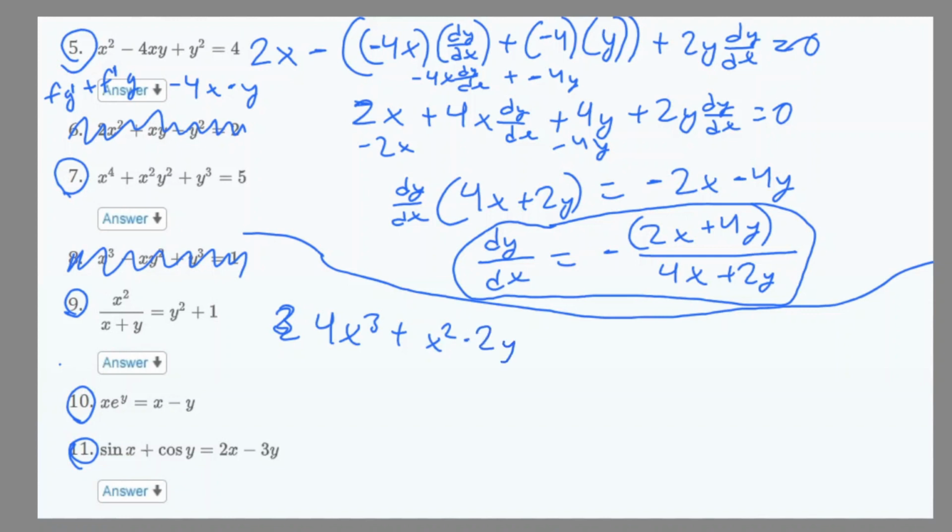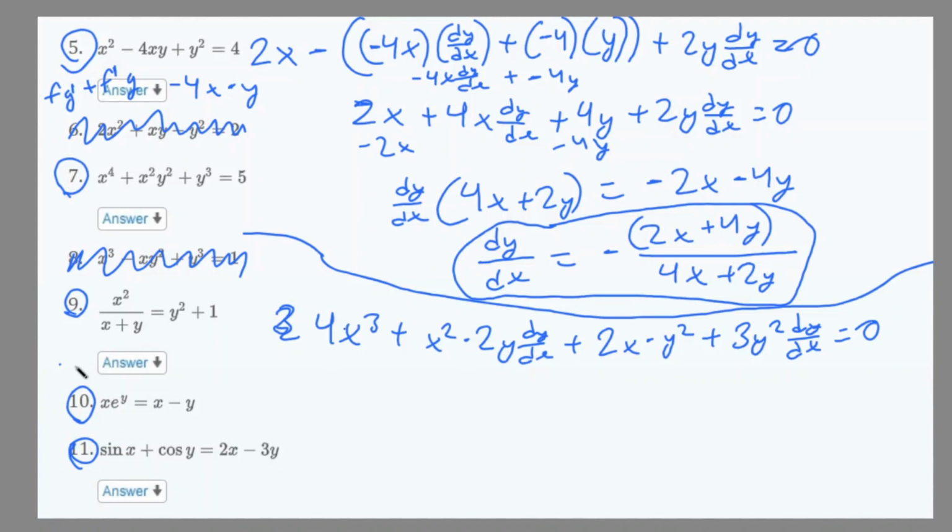So we're going to have 2y dy dx, and then that's going to be added on to 2x times y squared, actually. And then we have y cubed at the end, which is going to be 3y squared dy dx, and equals 0, of course, because 5 is a constant.